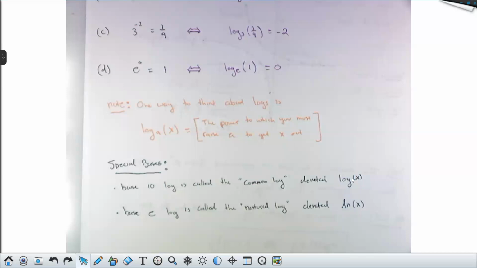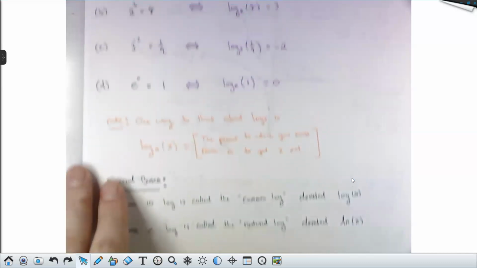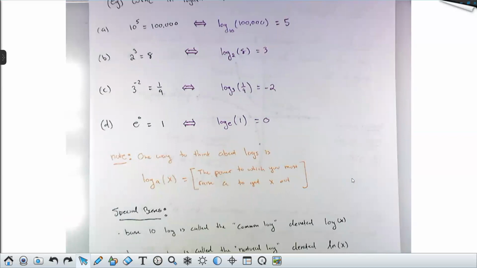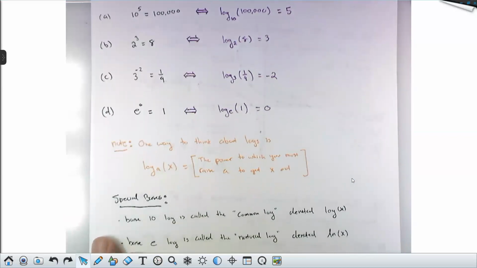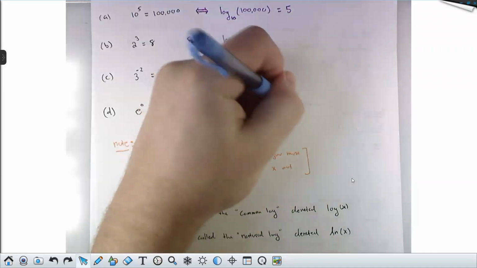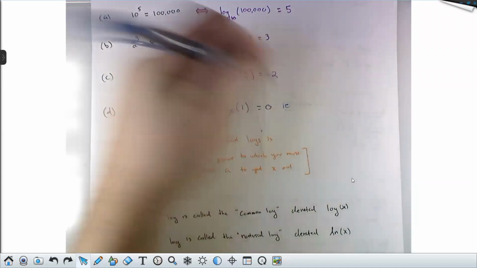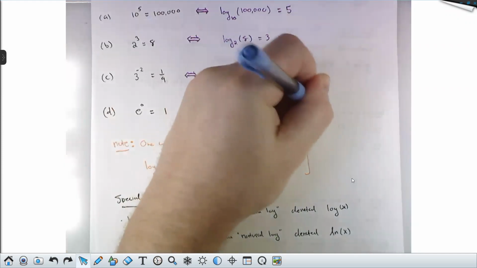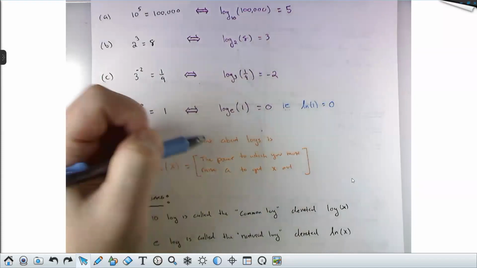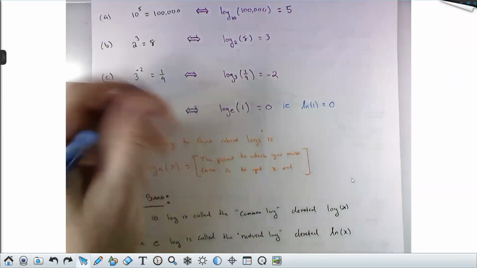So if I wanted to come back up here, I could rewrite this all here so you can see. I could rewrite this bottom statement as the ln of 1 equals 0, because the logarithm with base e is the same as ln.